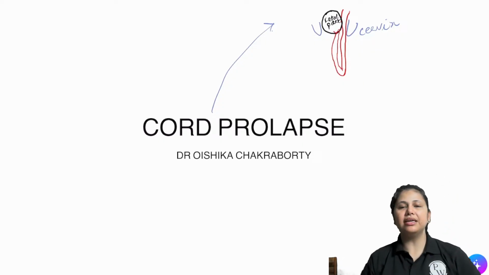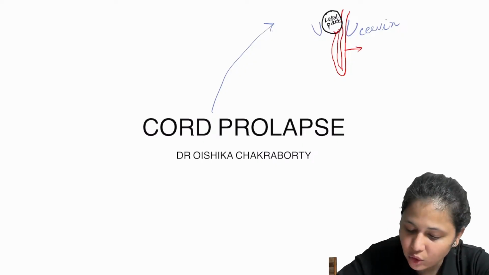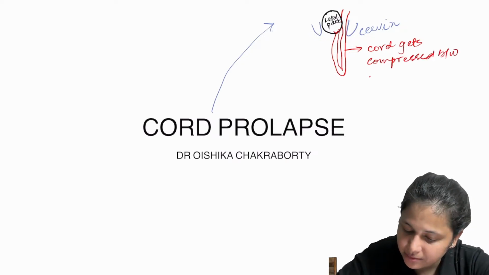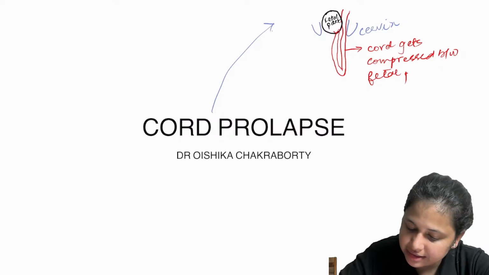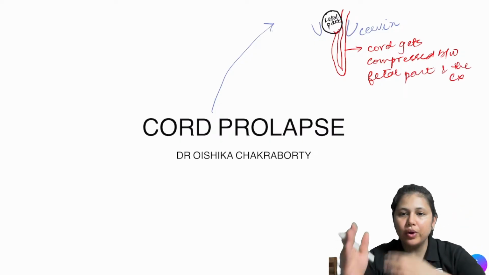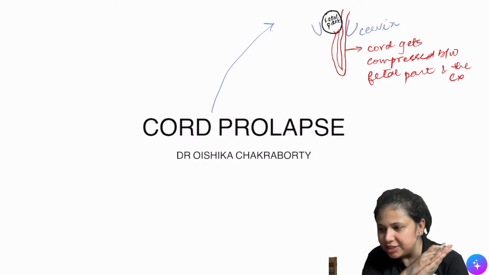Number one, the cord gets compressed between the fetal part and the cervix. It is getting sandwiched between these two things.